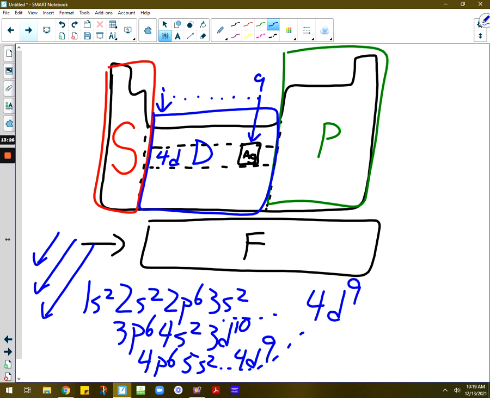And that's the full configuration for silver. If I want to just do the noble gas configuration, then I back up from silver. The last noble gas before I got to silver was krypton. Krypton takes the place of everything from 1s2 up through 4p6. And so it would just be krypton followed by the other stuff, which is 5s2, 4d9.